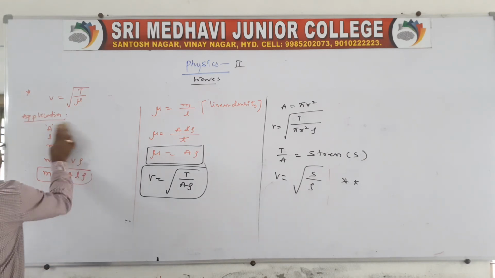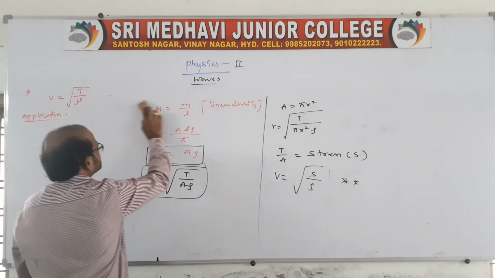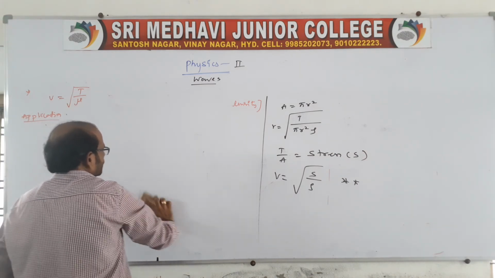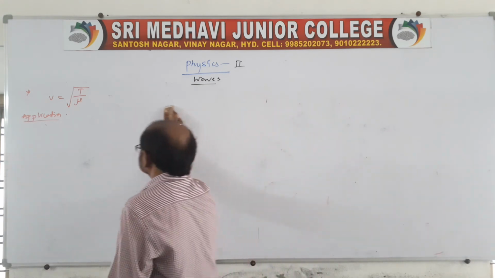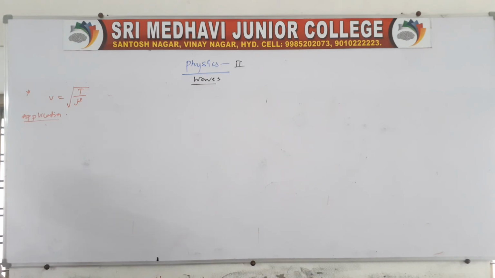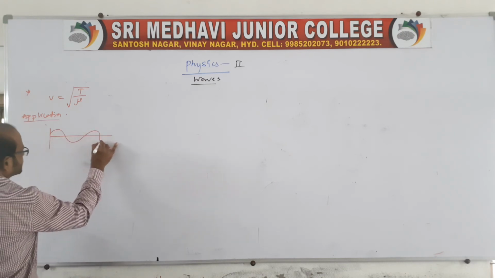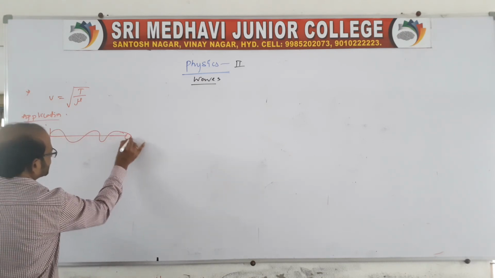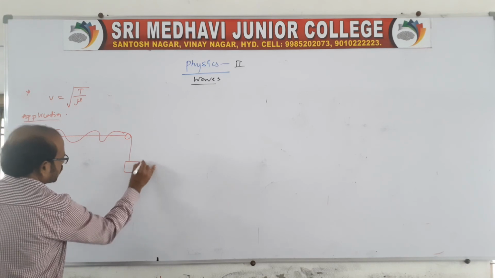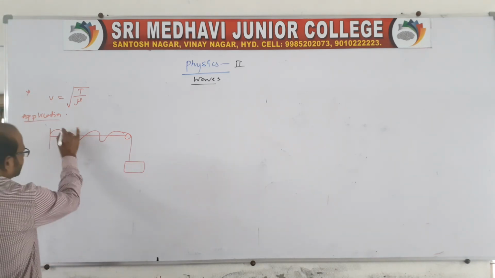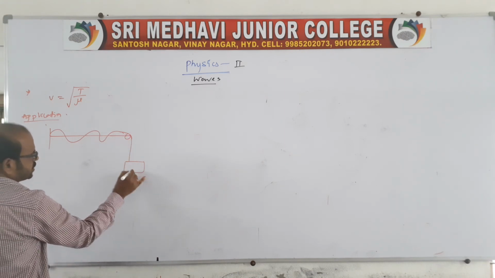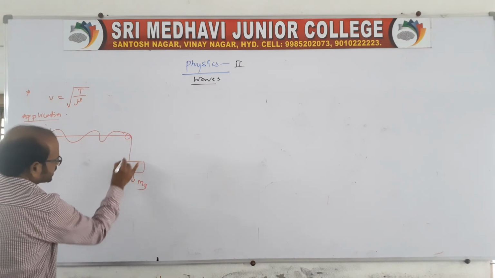Coming to the second application, I'll give you another application based on this. Suppose the string is stretched, passing over a pulley, and the other end is connected to a load, so that the wave is propagated. The weight of the body mg acts down, and there is a tension.